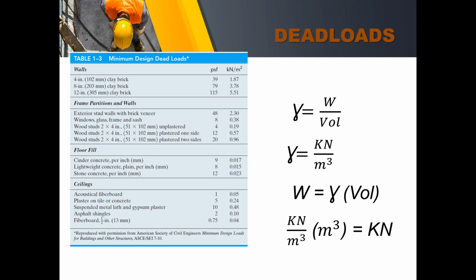We can also see in the specifications various weights of walls, frame partitions and walls. These are elements with the framing system, or if we have plastered faces of these elements, there are derived values for the unit weight.